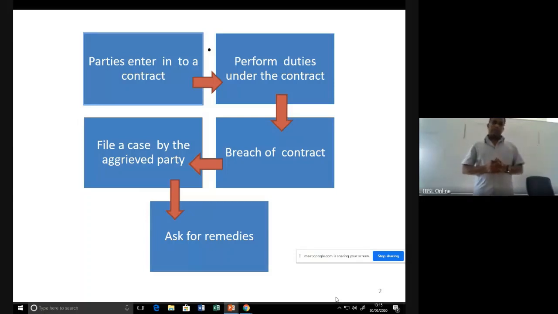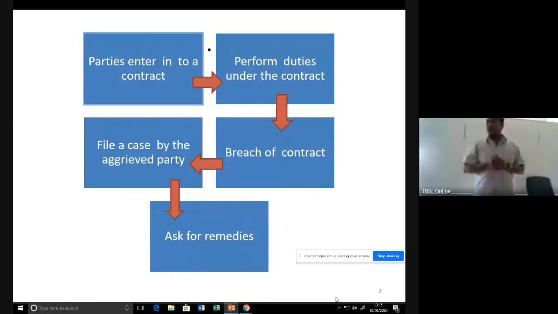That is the second step. Then the next one. What will happen now? As long as parties perform their duty, there's no issue. Think about normal marriage life. As long as the husband and wife perform their duties, there's no issue.